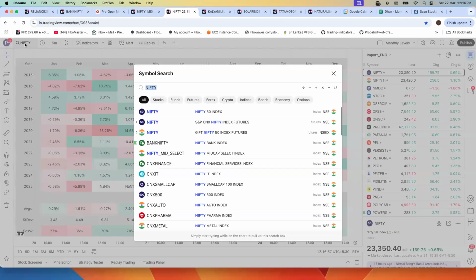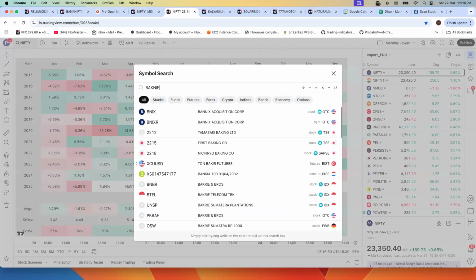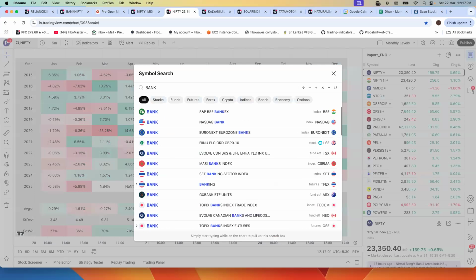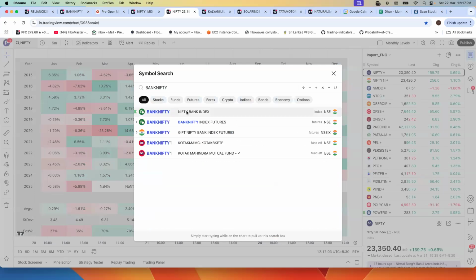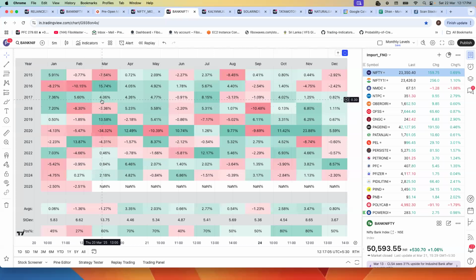And if you see Bank Nifty, is it the same pattern? No, Bank Nifty doesn't follow the same pattern as Nifty. If you see the month of July, the maximum turnaround is 70%. But in October, the maximum turnaround is 80%. November is 30%. So October and November are the season for Bank Nifty, while July is the season for Nifty.